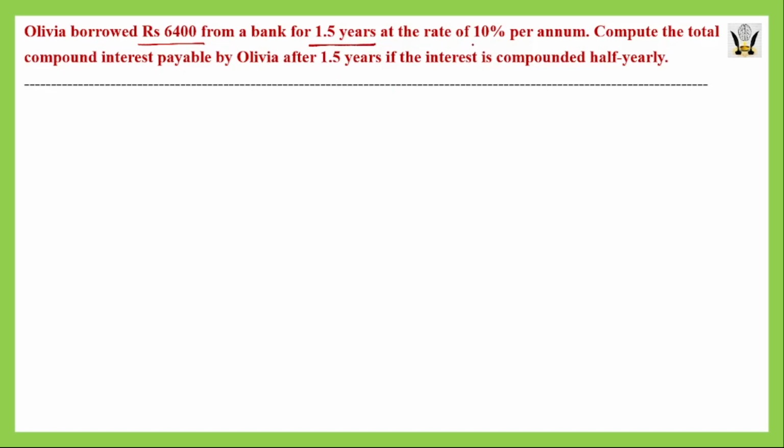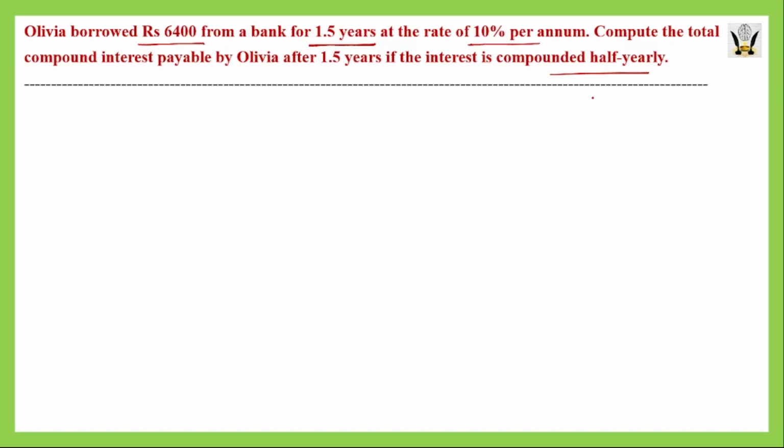Also the rate of interest, which is 10% per annum, that is also given, and the information given is that the interest is compounded half yearly. So based on this information, we will proceed further. Since the interest is compounded half yearly, meaning after every 6 months, and the total time period is 1.5 years, we will break the total time period into 3 parts.